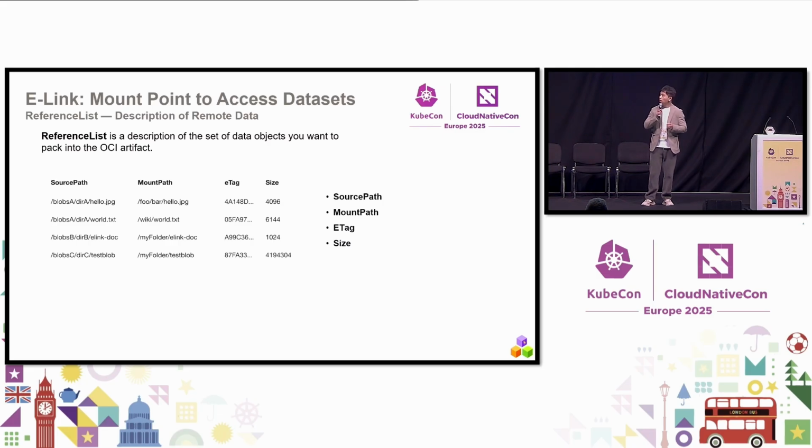People can know whether the data has been changed from the E tag instead of downloading it. And file size, the object size in bytes. Through the reference list, we can describe all the objects we want to access within an OCI artifact.